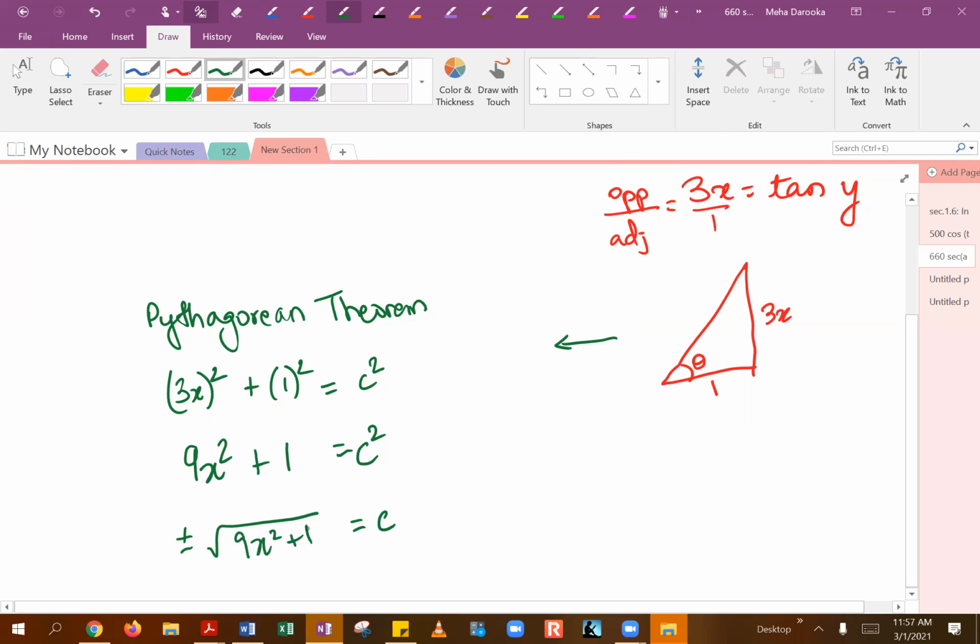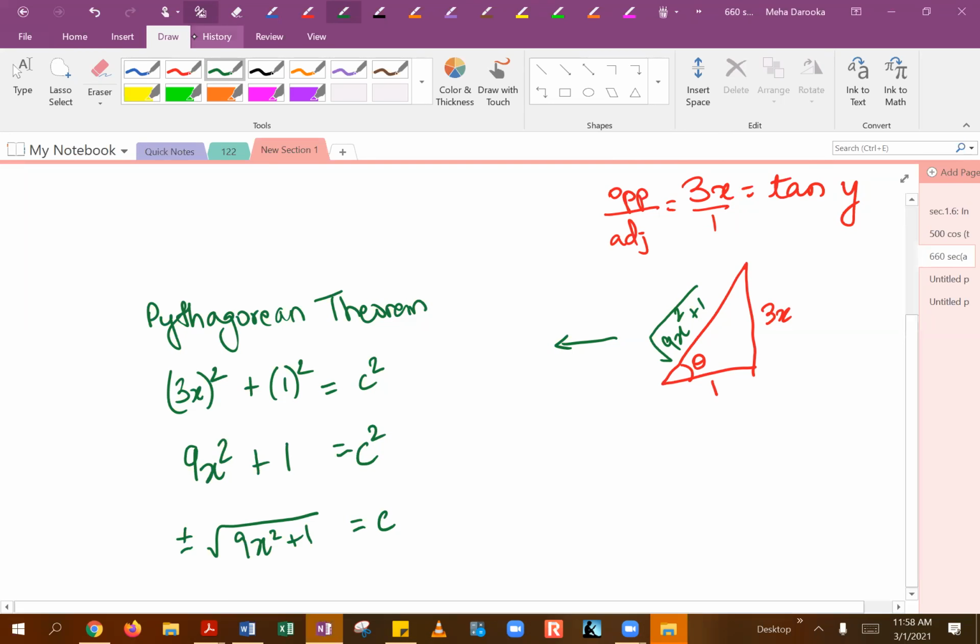So it looks like, Shu, you're just adding the 9 plus 1 to make it 10, but we can't do that over here. Jack, yeah, very nice, 9x squared plus 1 inside the square root. And then, of course, you're just discarding the negative sign. So our hypotenuse over here is going to be square root of 9x squared plus 1.